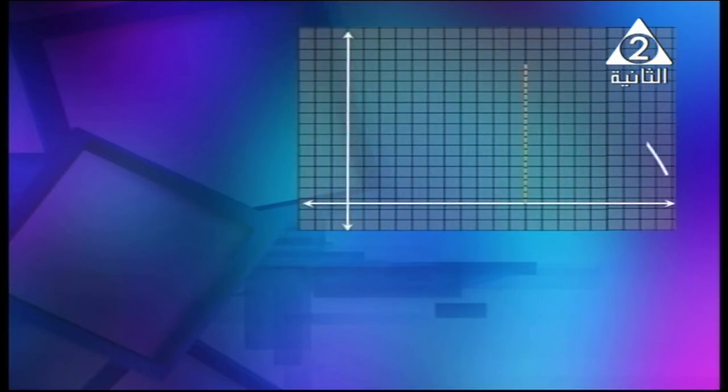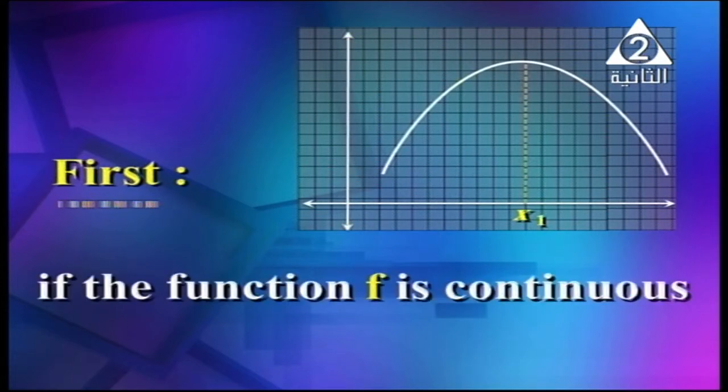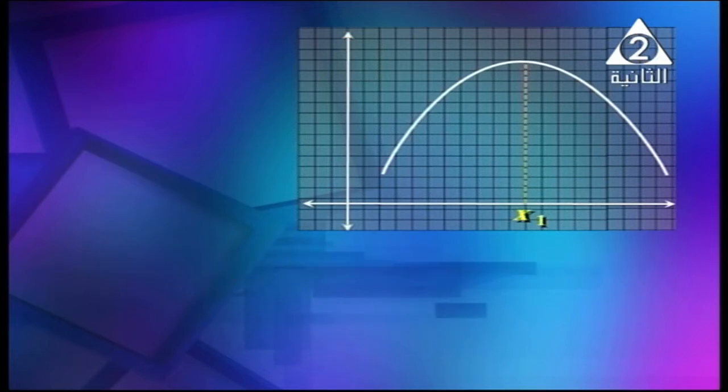Theorem 2. Look at, my dear student, we have the function f is continuous. Look at the opposite graph. The function is continuous at x1, f'(x) is more than 0 for all x on the left of x1.